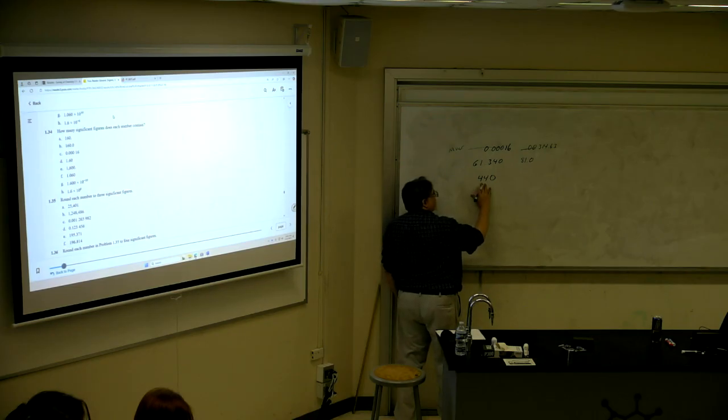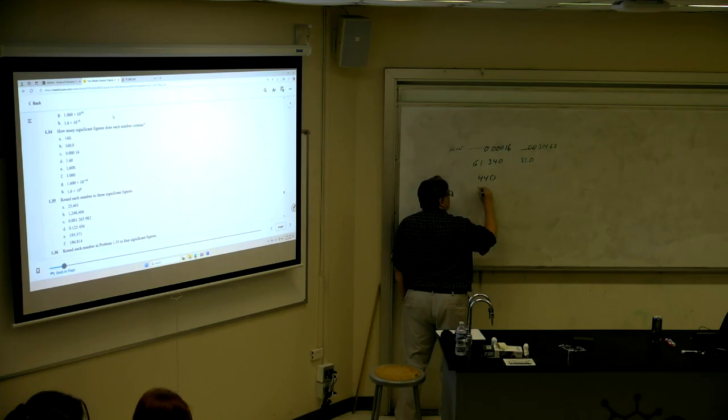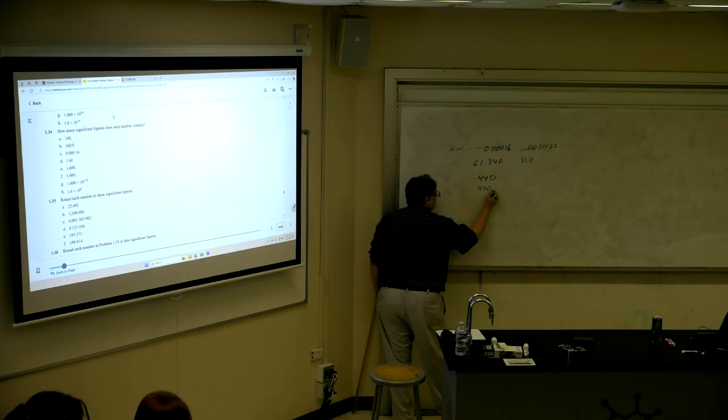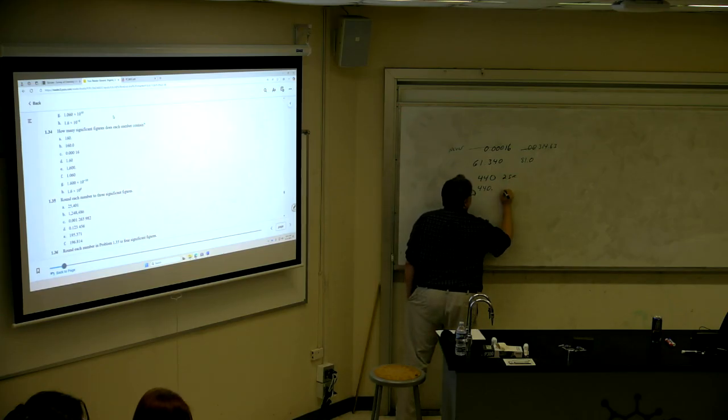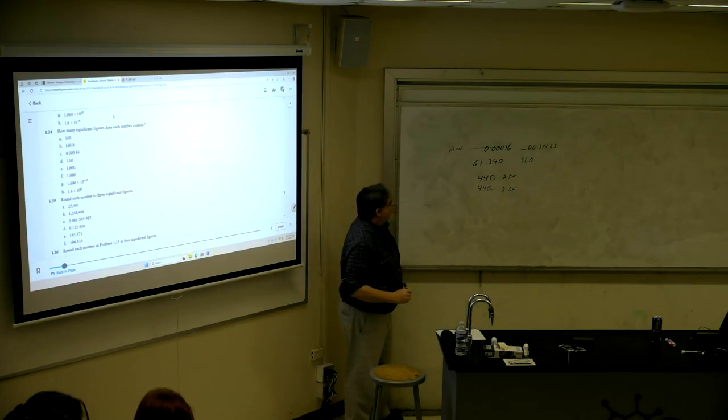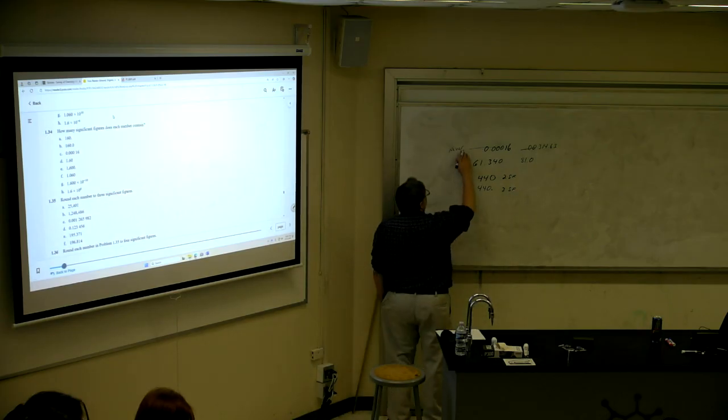If I mean two significant figures here, then I don't put a decimal there. And if I do, I mean everything all the way up to the decimal is significant. So this is two significant figures, this is three significant figures.